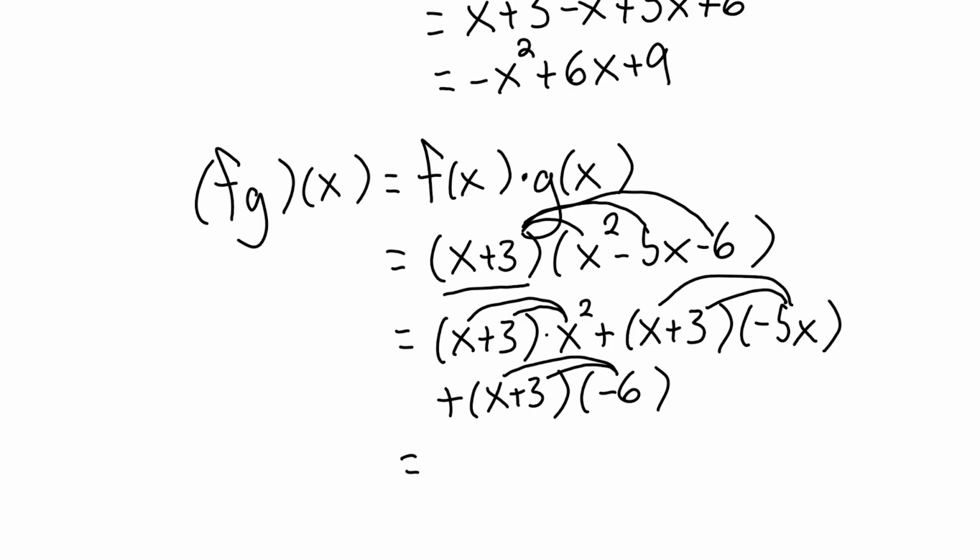So anyway, so here we have x squared times x, that'll be x to the 3rd. 3 times x squared will just be 3 times x squared. X times negative 5x will be negative 5x squared. And just as a reminder of why these are true, right? X times x being x squared, this is just the definition of an exponent, right?